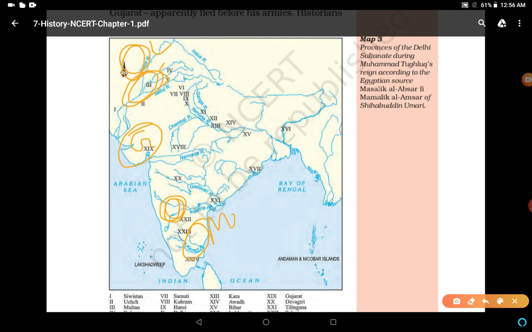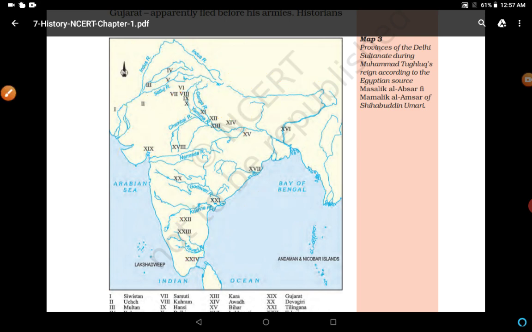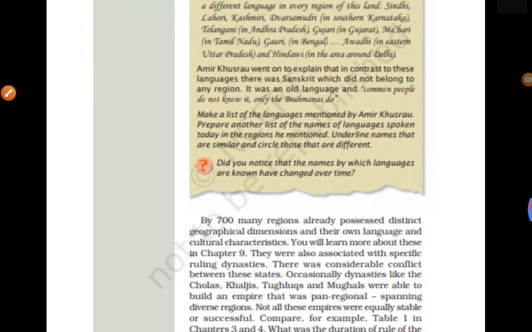The Awadhi language in eastern UP, the present eastern UP. This was the area of the Awadhi language, and the Hindvi language. Hindvi was spoken in this region, Delhi, Haryana, and a little bit of western UP.